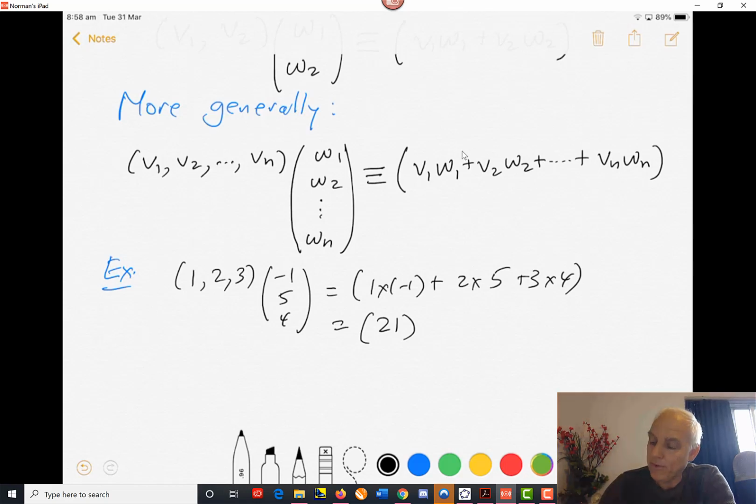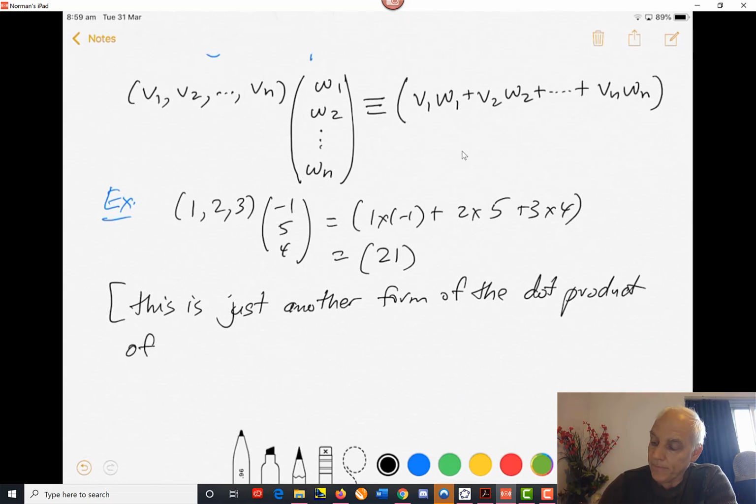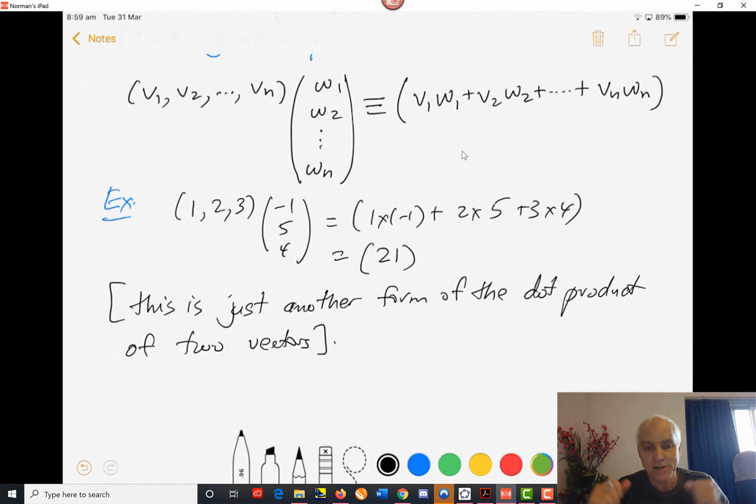So this is just another form of the dot product of two vectors. Okay, great. And now we are in a position to extend our definition to defining the product of a matrix by a vector.